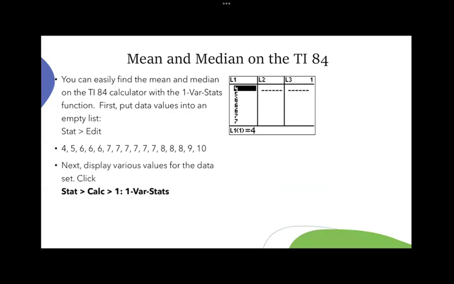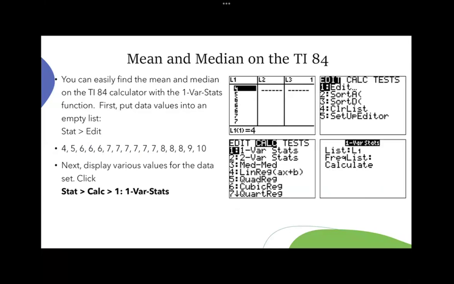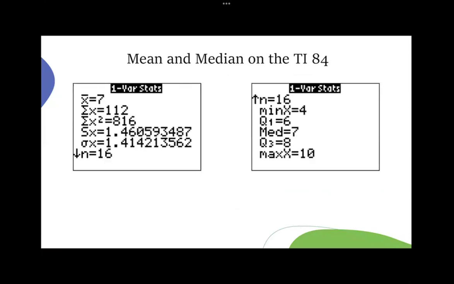Okay, so we put these into our calculator. We ran the function 1-Var Stats, and we want to take note of the mean and we want to take note of the median. Now the calculator, no matter what our data represents, a sample or a population, will always use the same symbol here, x bar. So you'd have to know if your data represents a population, the proper symbol to use is actually mu if you're dealing with the mean of a population.